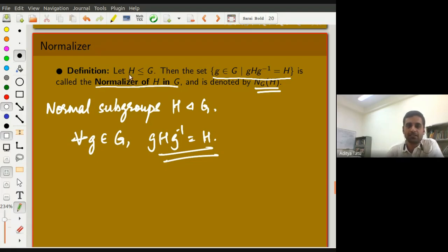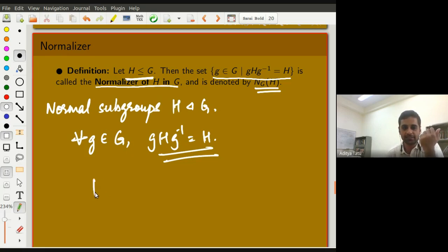But in the definition, please be careful. I did not assume H is a normal subgroup. It may so happen that only a few elements g of the group capital G satisfy gHg inverse equal to H. Let us consider that state. That set is what is called the normalizer of H.